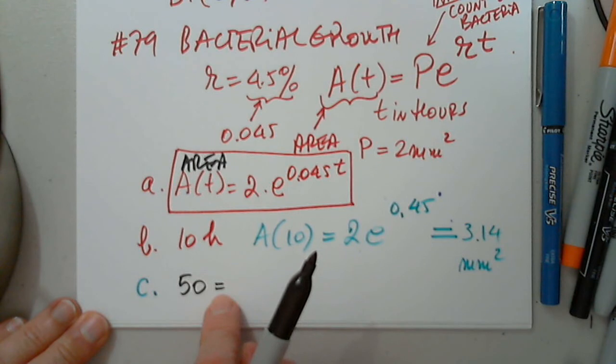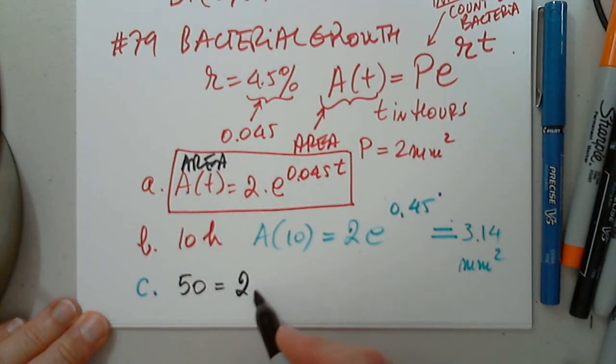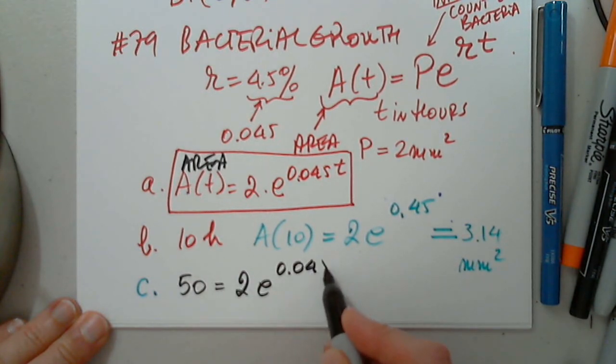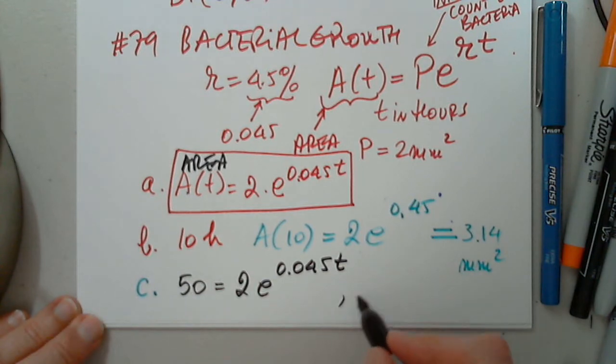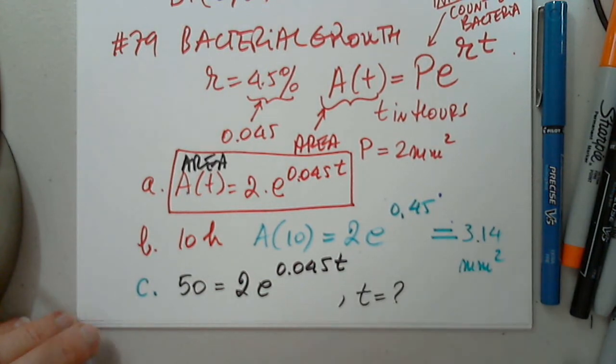Correct. I'm sorry. The area, that's okay, 50 equals 2e to the 0.045 t. They're asking us to find t, the number of hours. So what do I do now? How do I solve this? Is that when you take the inverse of it? Yes, but it's not ready.